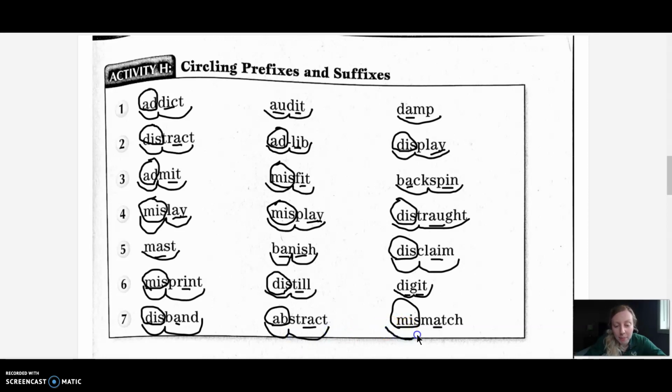Last one is mismatch. And that is all for part 2 of lesson 1.